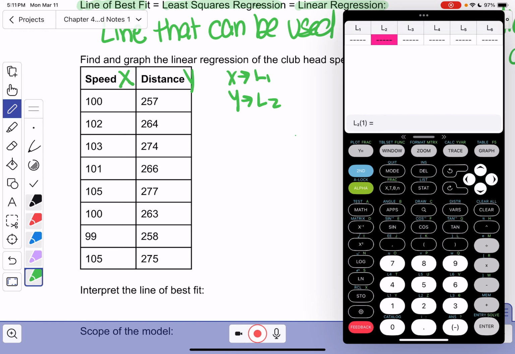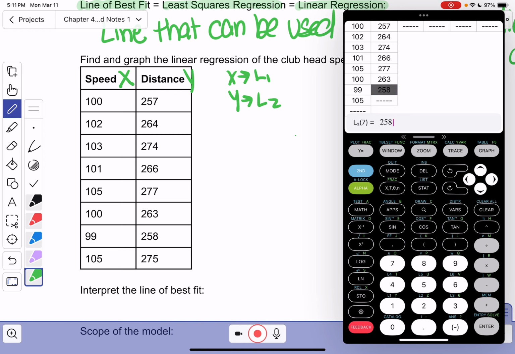Clear, enter. So you just type these in L1 and L2 like we did in 4.1.